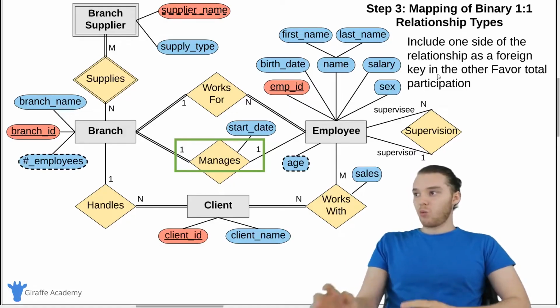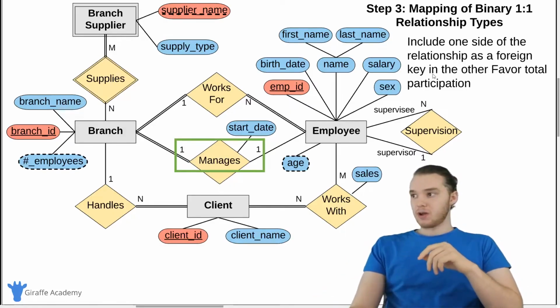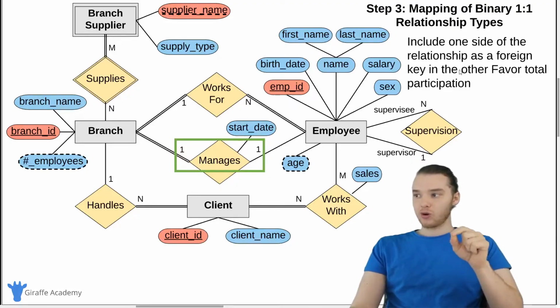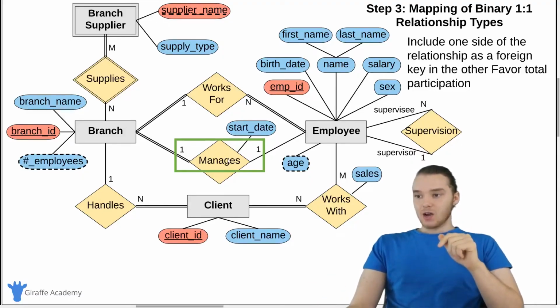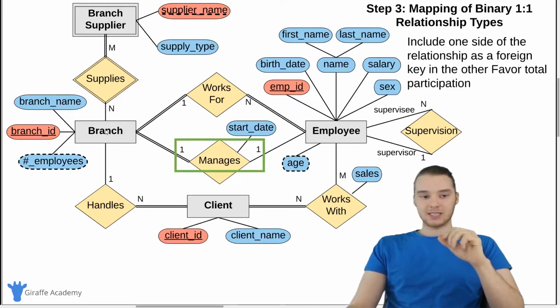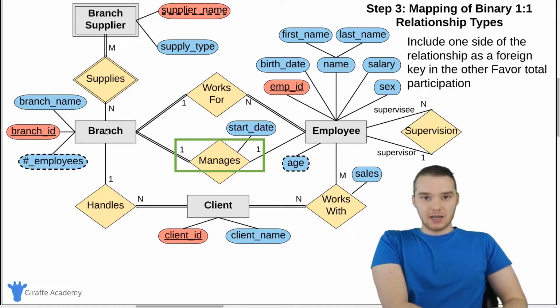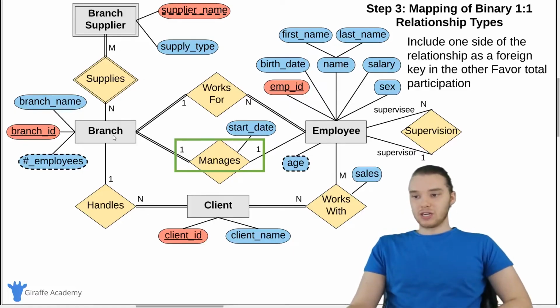For each one-to-one binary relationship, we want to include one side of the relationship as a foreign key on the other, and we want to favor total participation. So in this case, we want to include the primary key of one of these entities as a foreign key in the other entity's relation. And we always want to favor the total participation.